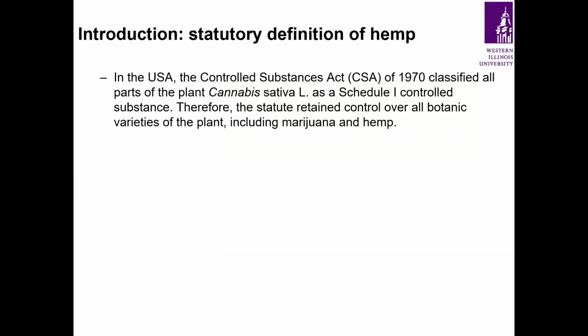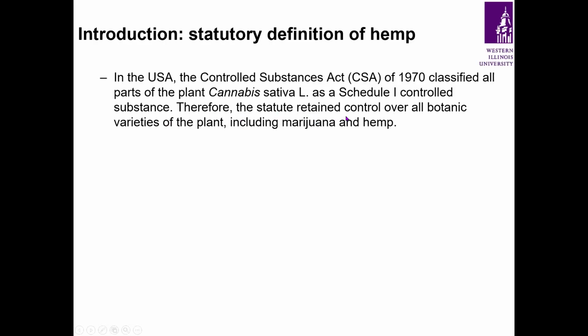So first, some introduction here. In the USA, the Controlled Substances Act of 1970 classified all parts of the plant Cannabis sativa L. as a Schedule I controlled substance.